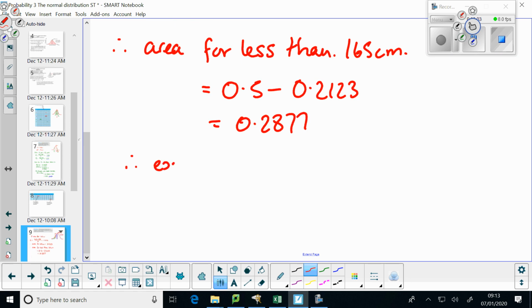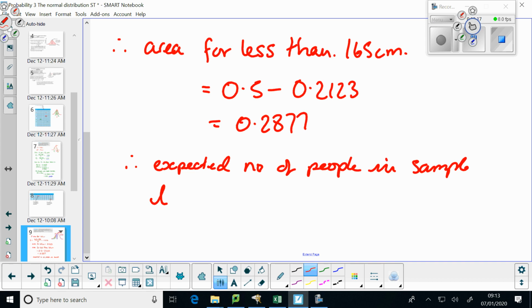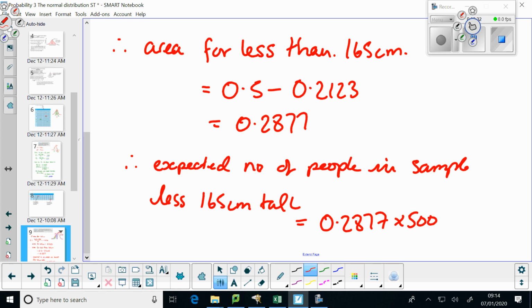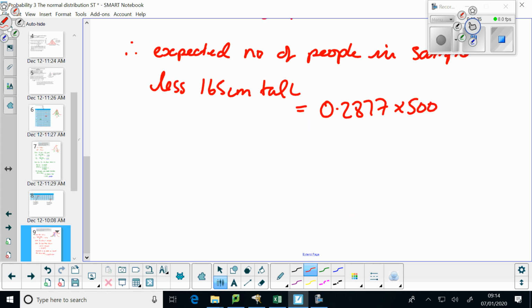Therefore, expected number of people is 0.2877 times 500.